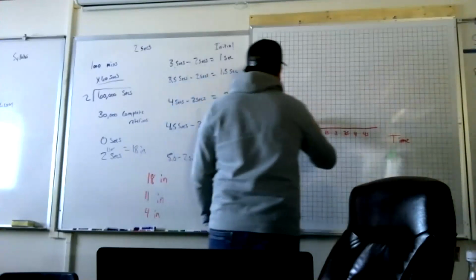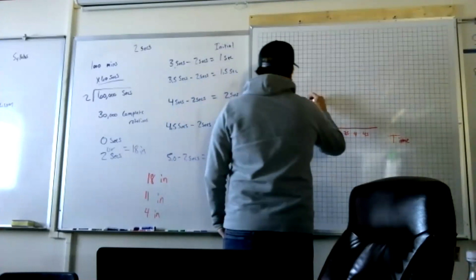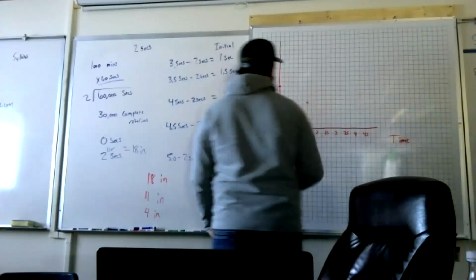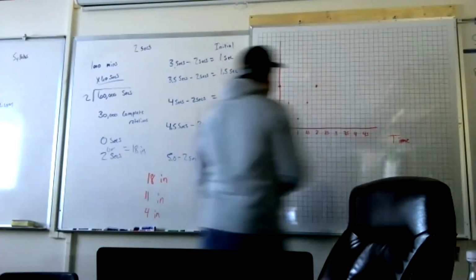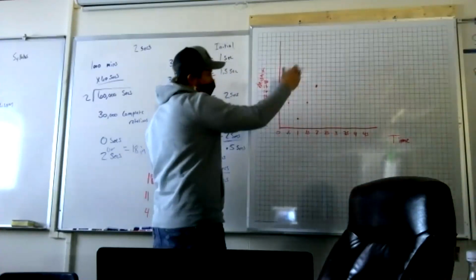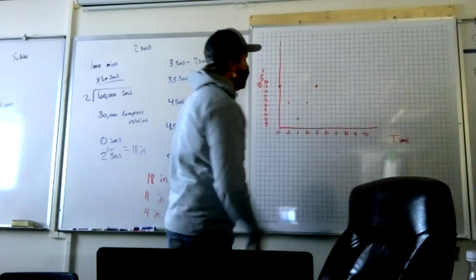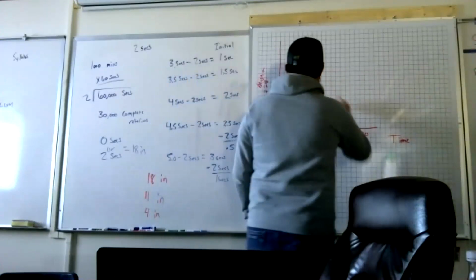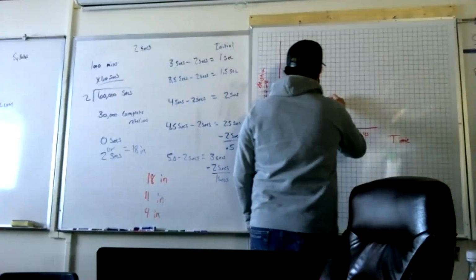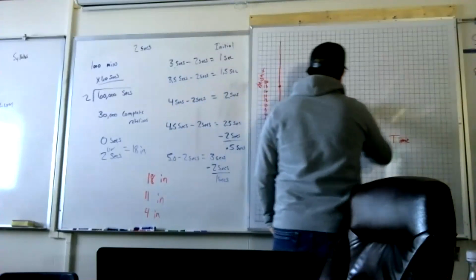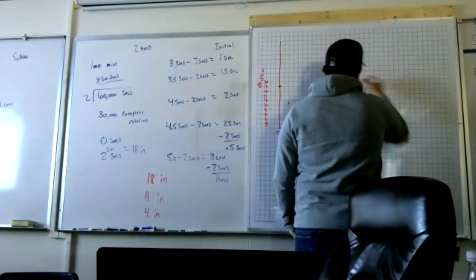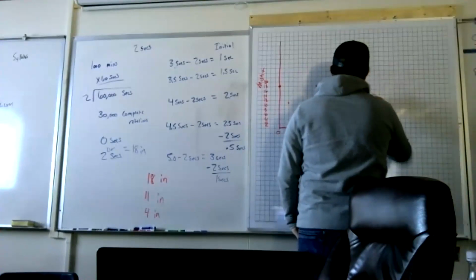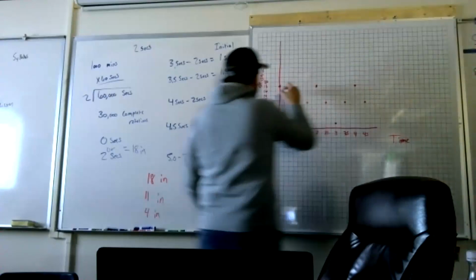At 1.5 seconds, back to 11. Then at 2, back to 18. That is the first cycle of my graph. Then at 2.5, it drops back down to 11. At 3, it drops back down to 4. 3.5 is at 11, 4 is at 18, and 4.5 is at 11.